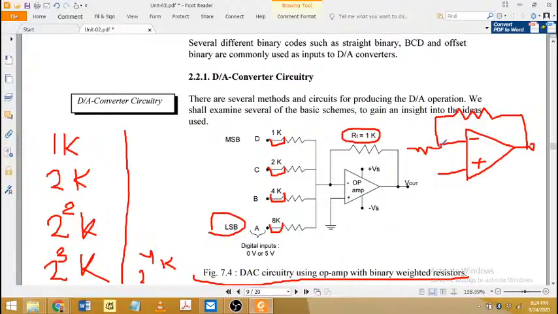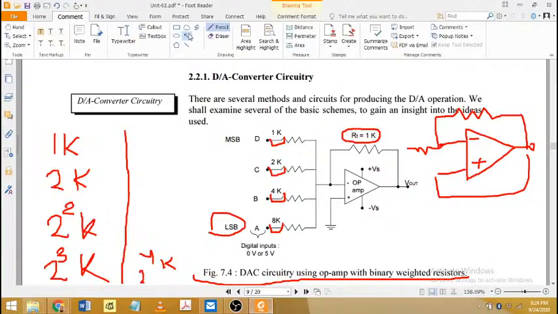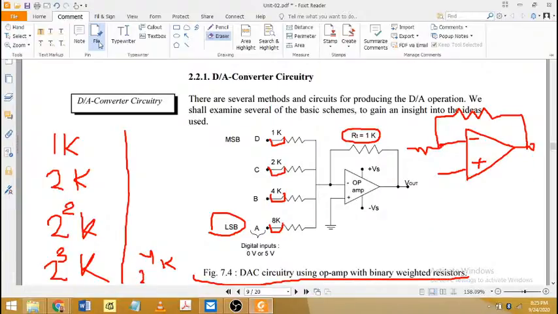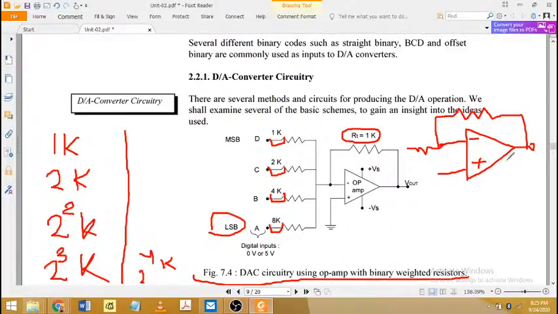Only in this particular case, whenever the connection is like this, does the analysis hold. If the feedback goes from this direction to this, then it is not valid.